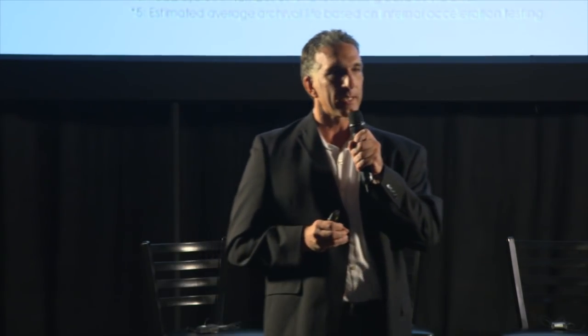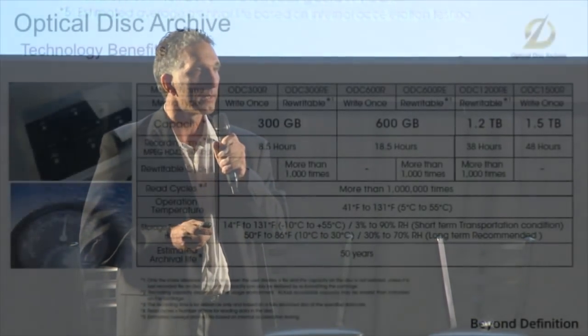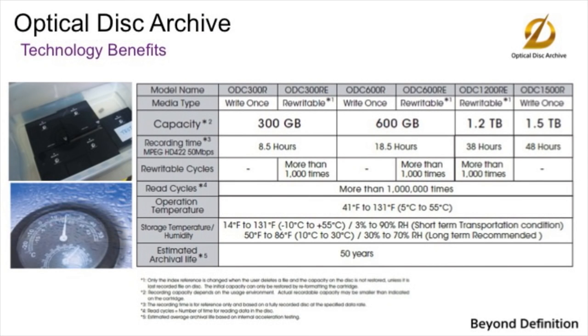We did another test, and you see a visual of it on the top left of the screen, where we submerged Optical Disc Archive cartridges in salt water. We did it for about 5 days. We put a staple in the cartridge. After that 5-day period, we took out the cartridges, we took out the discs, rinsed them off and put them in a new cartridge.